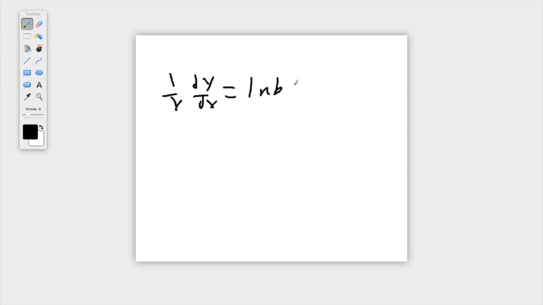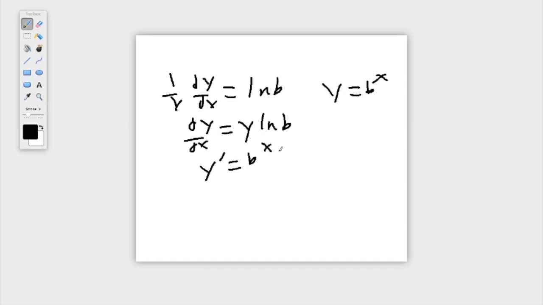Don't take its derivative with respect to x. So let's isolate dy dx, and that'll be y ln b, and then y equals b to the x. So we get that y prime is b to the x ln b.